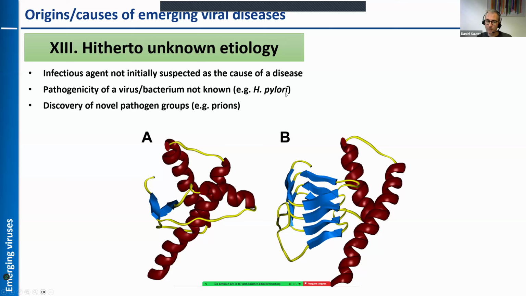When this was described decades ago, everyone thought that this would be a normal commensal in your gut, in your stomach, but then it turned out that it can actually contribute to disease and cause gastric ulcer and ultimately cancer. Something like this may essentially also be true for some viruses. There are a few viruses that we think are not pathogenic, but maybe, who knows, in the future, when research progresses, we figure out that they can cause disease or contribute to disease in certain situations.